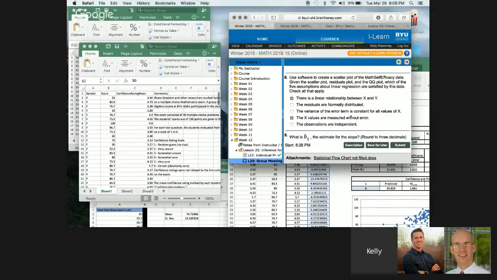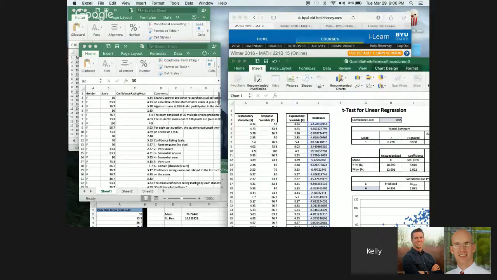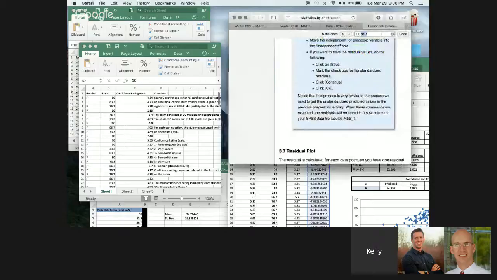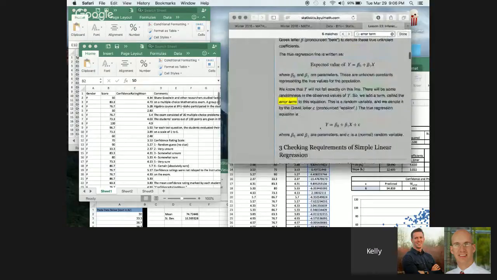The variance for the error term. So I'm looking at the chapter reading. It says the requirement of observations are independent. It says knowing the value of one of the y's tells you nothing about any other point. Is that true? I don't know. They're non-constants.